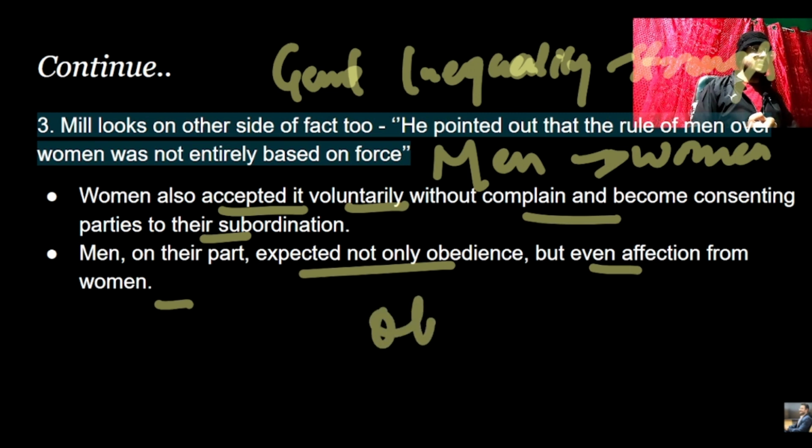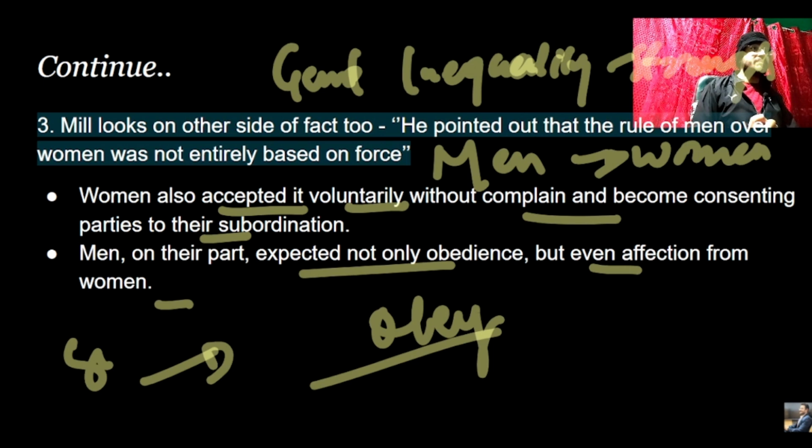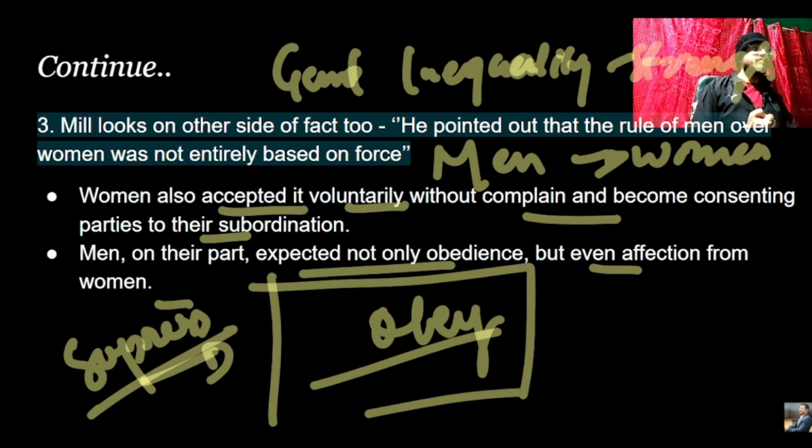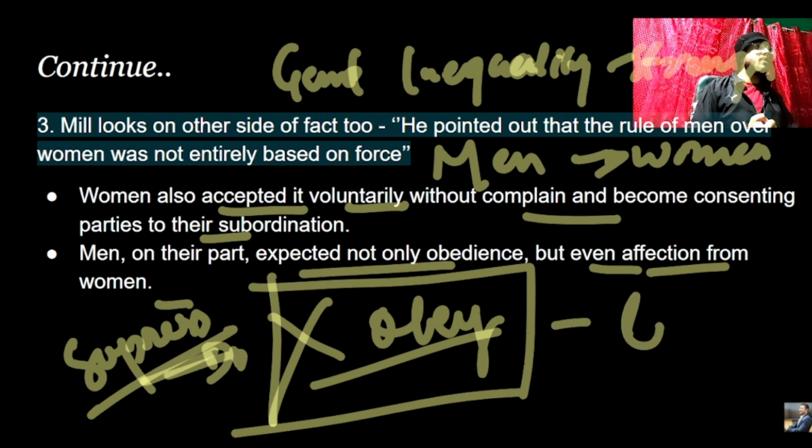Whenever we want them to obey, then we try to suppress them. But Mill is here advocating the idea that it is not always true. Men did not only want women to obey them, they also wanted affection from the women, right? And hence they also shared an emotion of love with them, right?